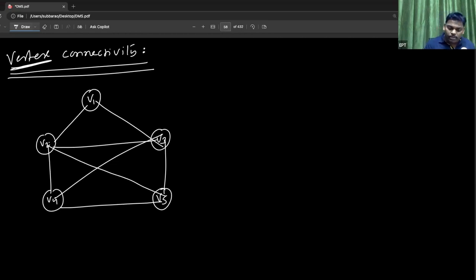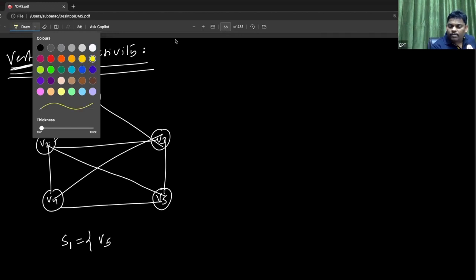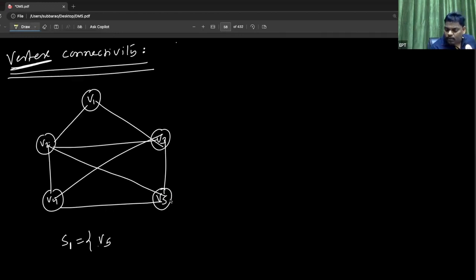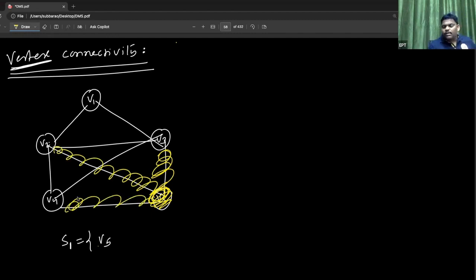Now let me check one small line. Everyone listen. S1 is equal to V5. When I say V5, I am deleting it. Whenever V5 goes, its edges also go. Is the resultant diagram connected or disconnected?